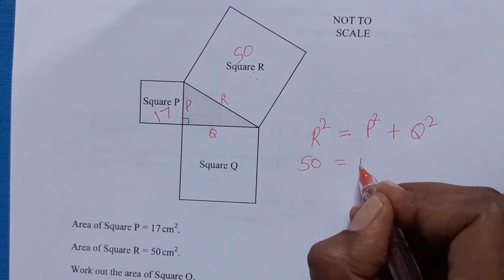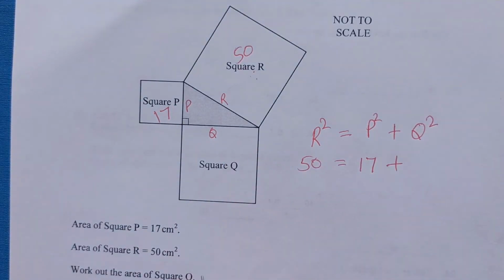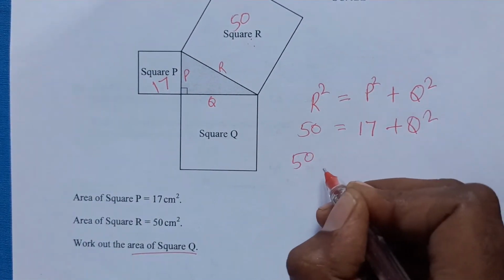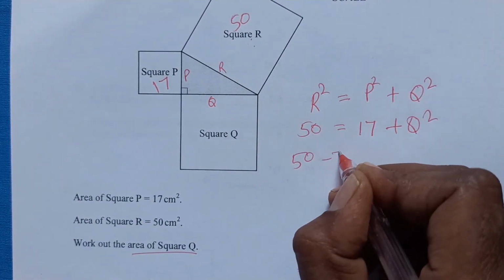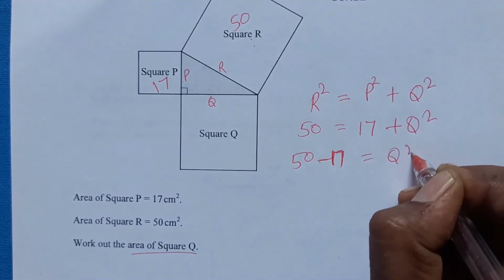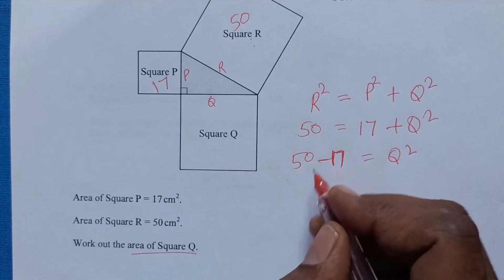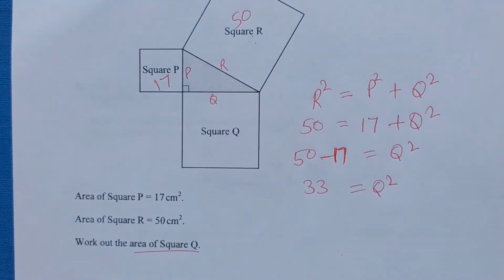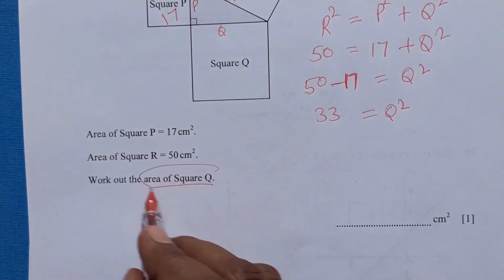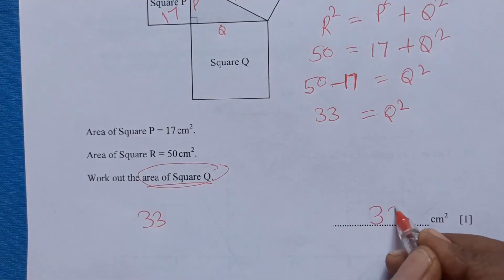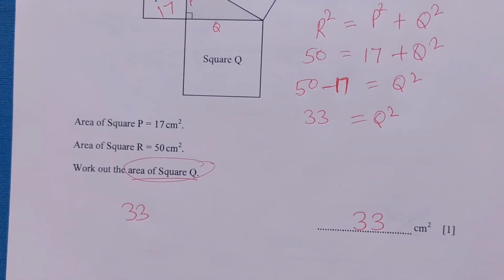P squared is 17, and we are searching for Q squared. So Q squared is 50 minus 17. When you subtract this, you get 33. So that is Q squared. The area of square Q is 33. So our final answer is 33.